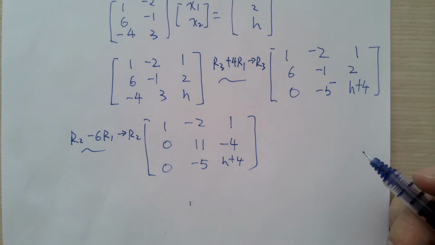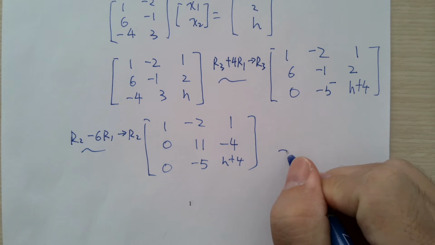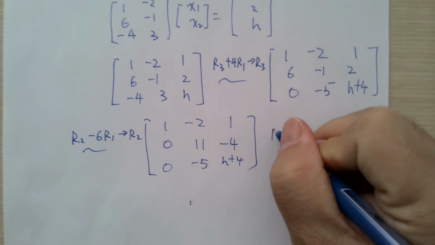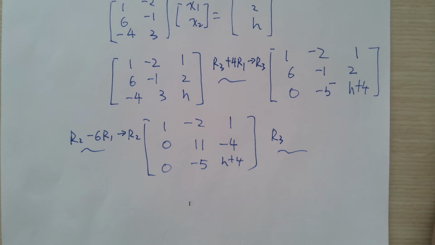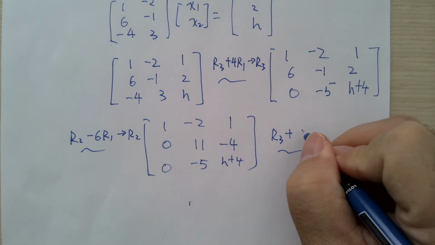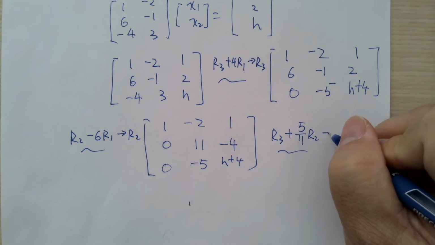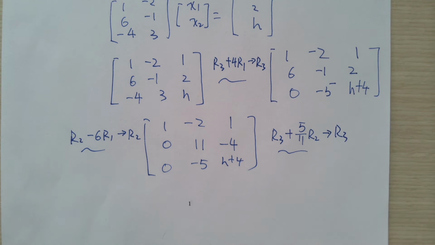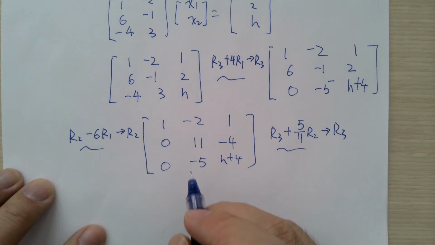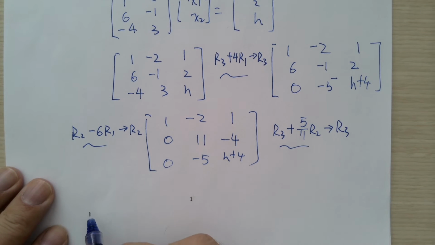Okay. And of course, what we can do is use row 3 plus 5 over 11 of row 2 to become the new row 3, because we want to get rid of this.